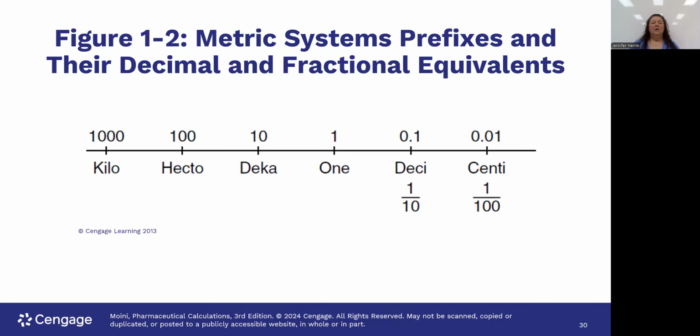Kilo is 1,000 times the base unit. Hecto is 100 times the base unit. And deca is 10 times the base unit. We go the other direction, we have deci, which is behind the decimal place. This is 1/10 of the base unit. And centi, which is 100th of the base unit.